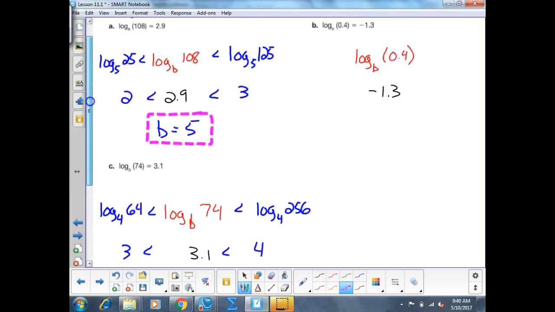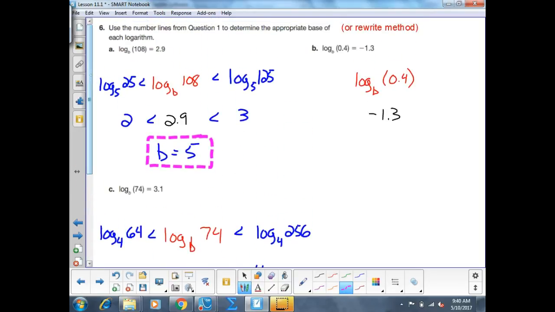Let's go back to B then. What's that one got to be in between? -2 and -1. What base are you thinking? 2? Okay.